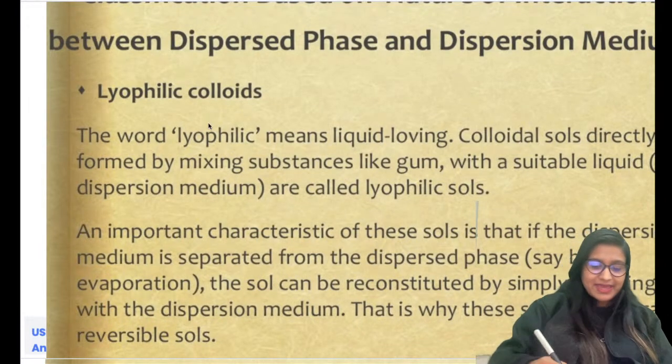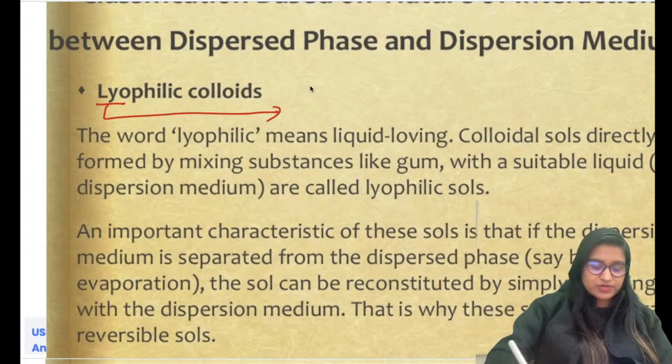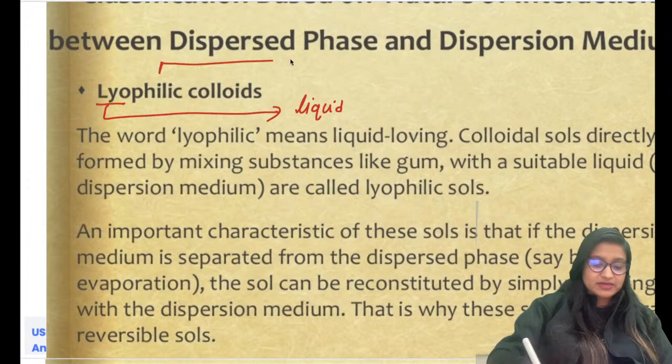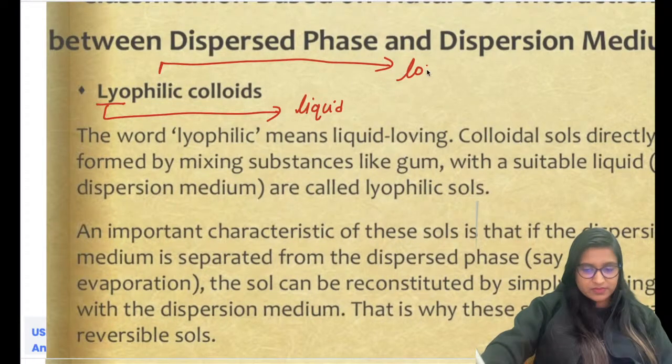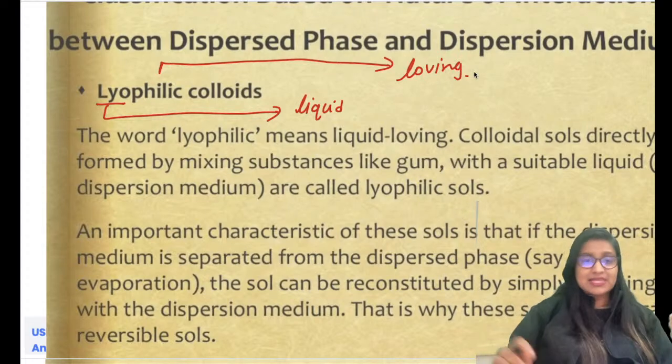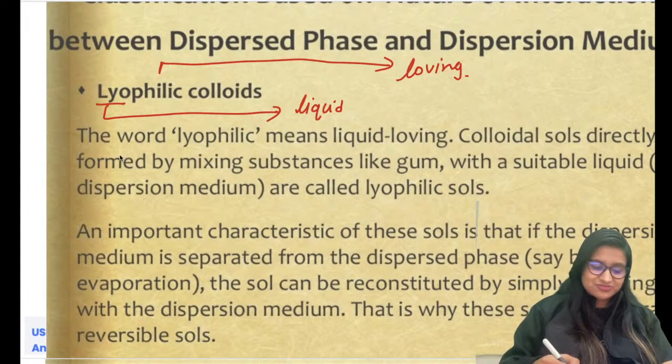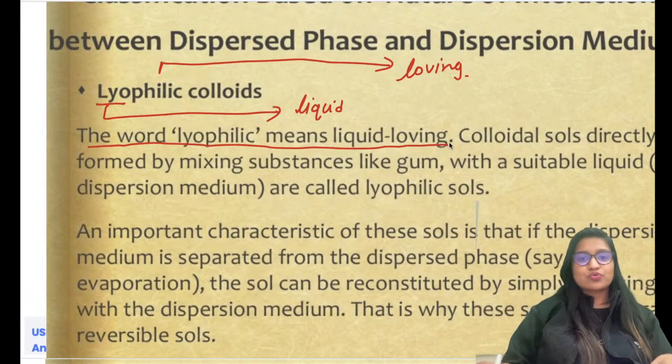The word lyo represents the word liquid, and philic represents, you can say, loving. So the word lyophilic means liquid loving. What does it mean? That it loves liquid, okay?